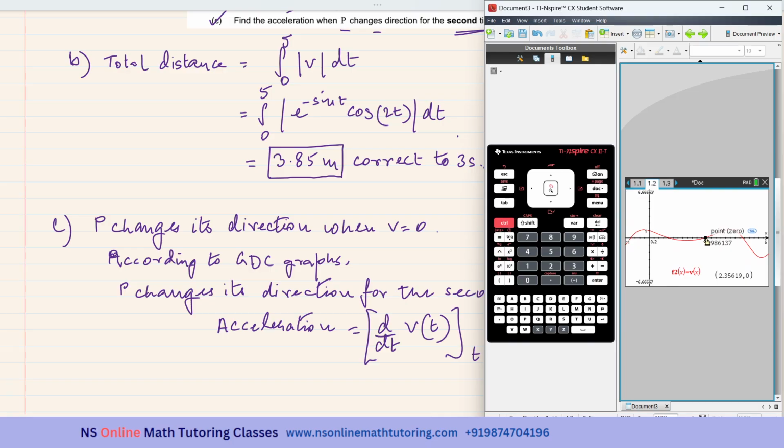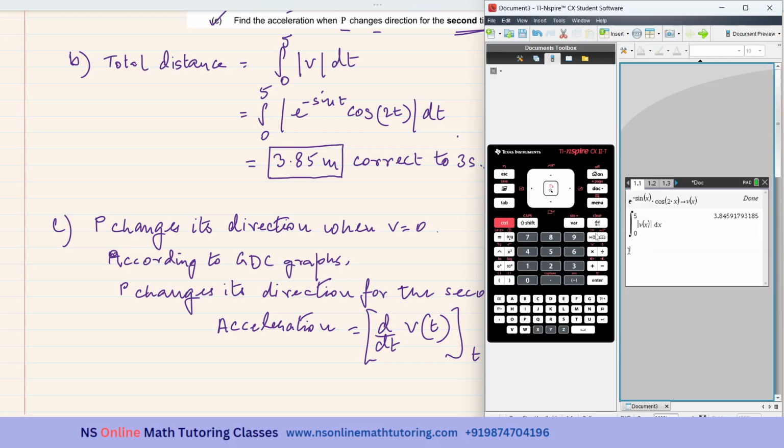So it is this position. So I have clicked over there, and the acceleration value when t is equal to 2.356 seconds is 0.986.